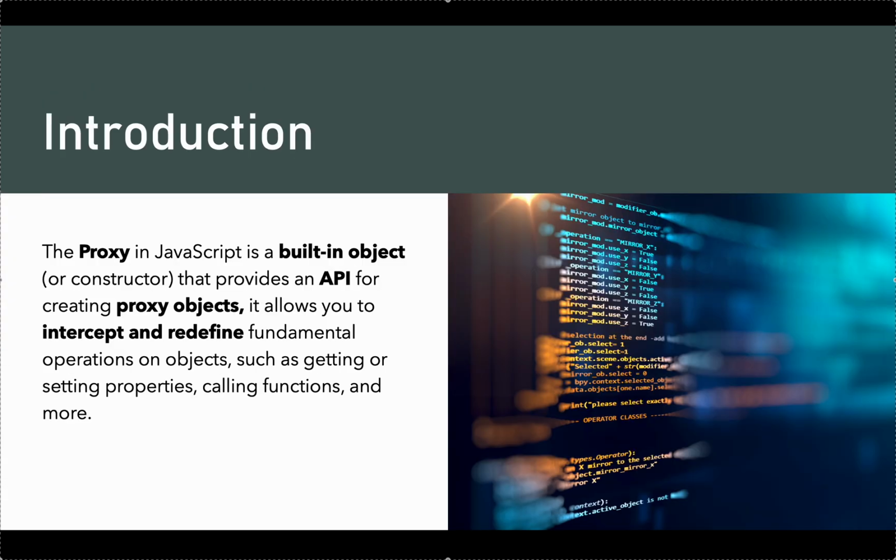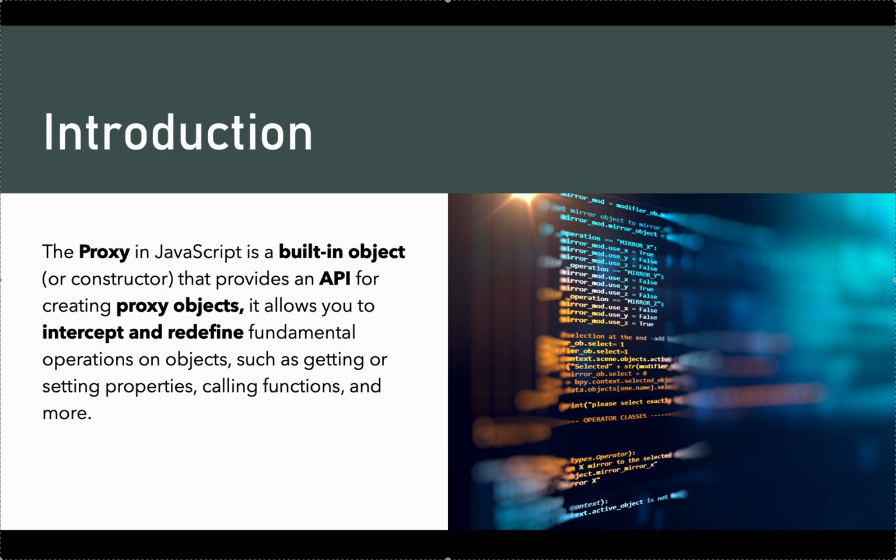So what is this Proxy API? A Proxy in JavaScript is basically a built-in object which provides you a way to customize an existing object. Let's say you have one object and you want to change a property of the object, or add a new property inside that object, and you want to track all those changes.